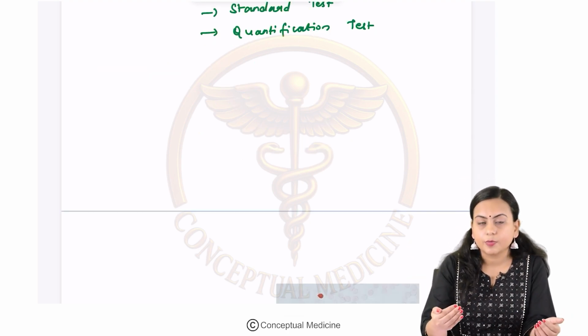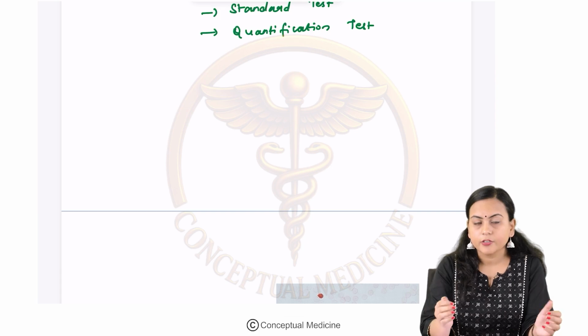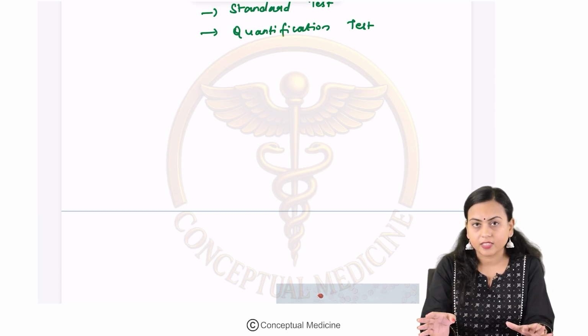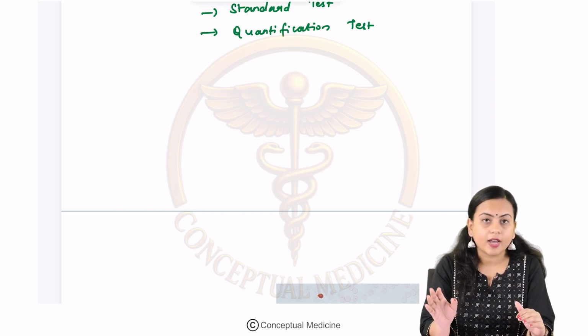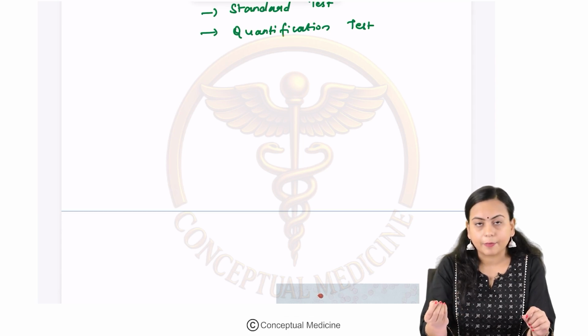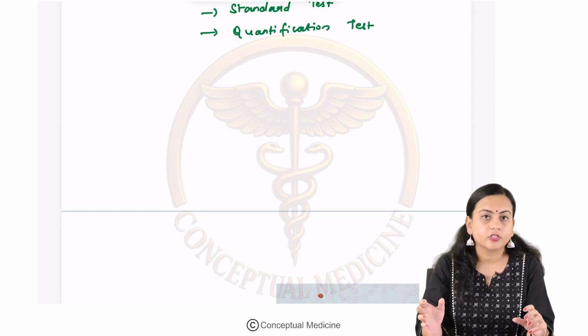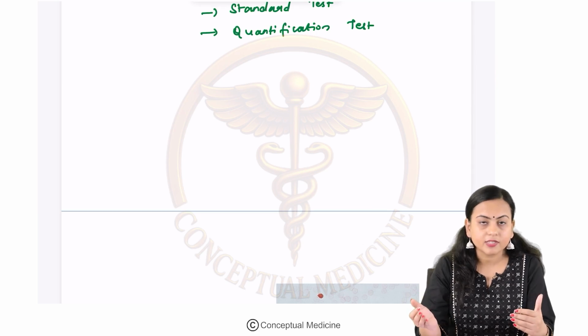Now, we will see the principle behind this Kleihauer-Betke test, okay. In this test, you have to remember the fact that HbF, that is the fetal hemoglobin, is resistant to acid elution, okay. So, what we will be doing is, we will be obtaining a maternal blood sample and this blood sample will be smeared and it will be subjected to acid elution. The most common reagent that is used is citric acid.